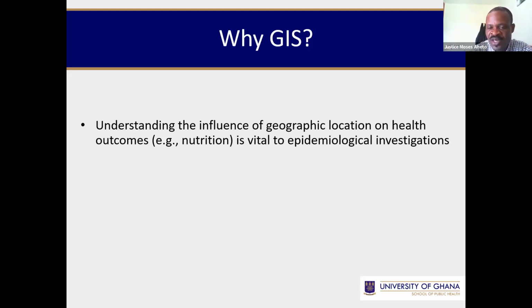So those of you who are already in epidemiology, you appreciate the need for GIS in your work. For instance, you might want to map the distance that a patient travels from their house to the nearest health facility. In that work, you need information on geographical data, and GIS is the only way you can do that kind of assignment.